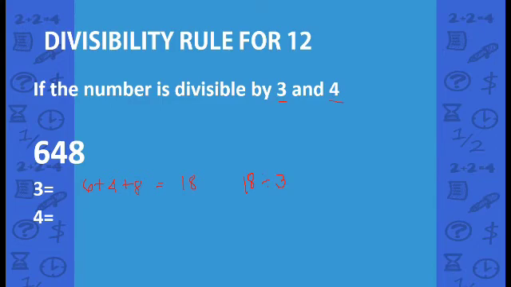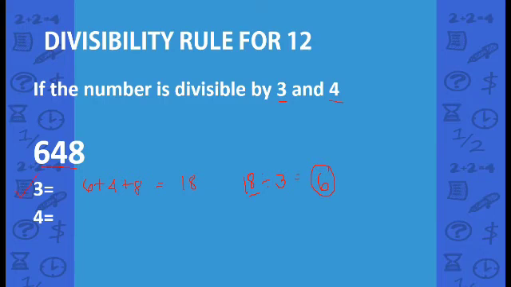What is the answer? So, 18 divided by 3 is 6. 6 is a whole number. Therefore, 18 is divisible by 3. So, ibig sabihin din natin, ang original number na 648 ay divisible by 3.